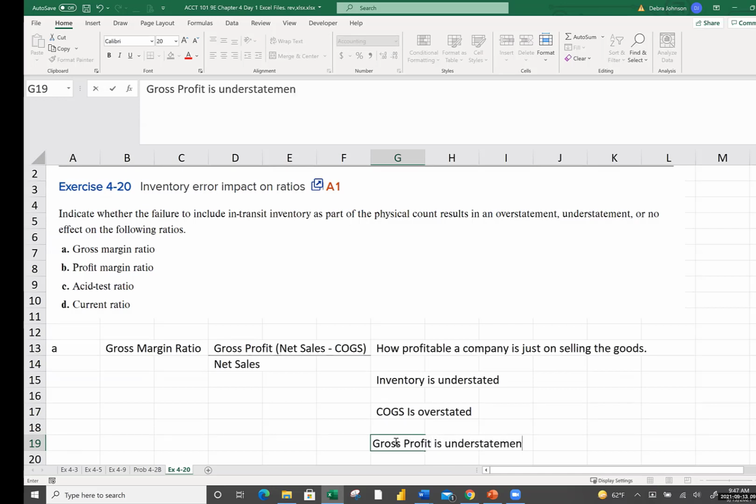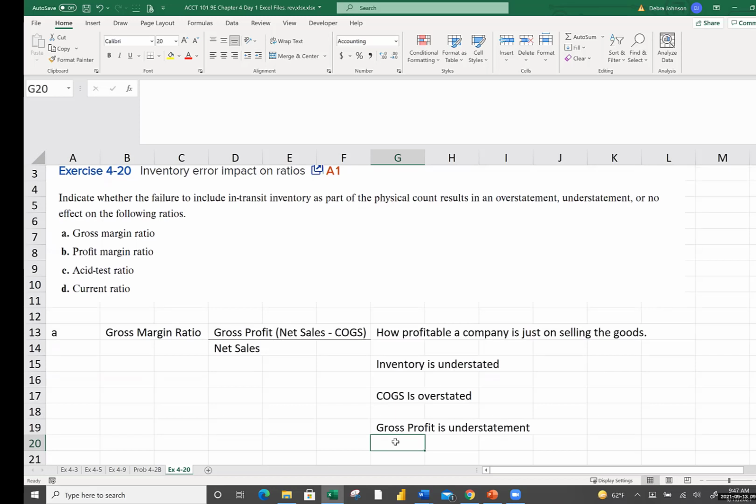This is one of those questions that makes your brain scramble. It's not one that I can answer off the cuff. I have to think about what's going on, right? I know from being an accounting person that inventory and cost of goods sold always are the opposite of each other. There's this one bucket. If something goes into the bucket, it's going to come out as one or the other.